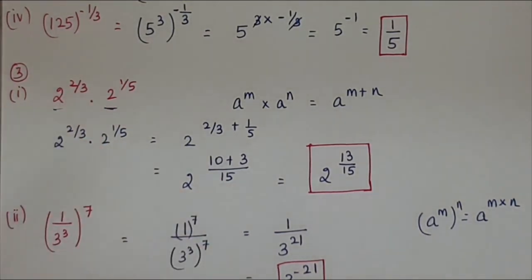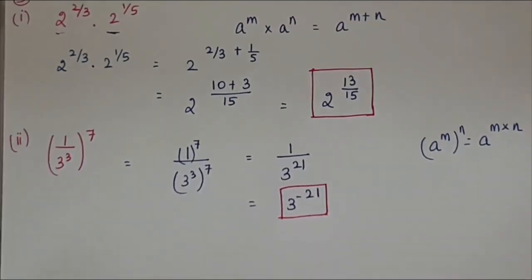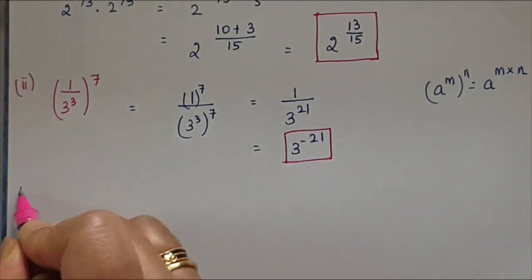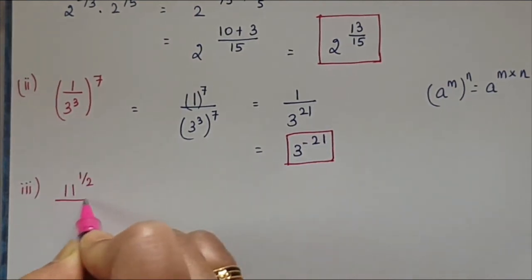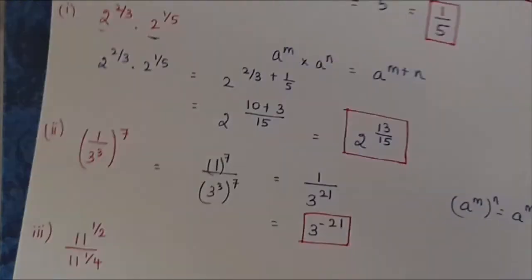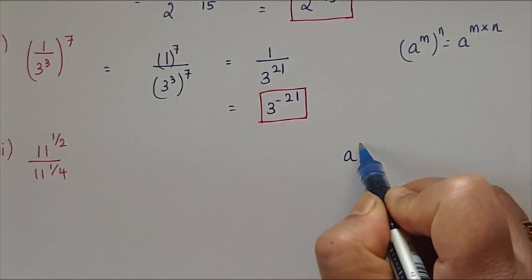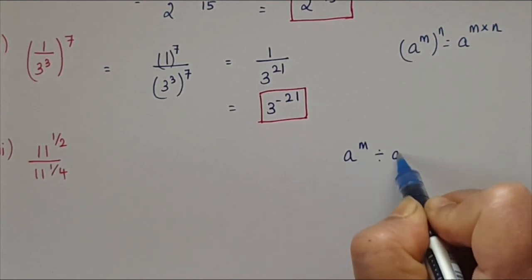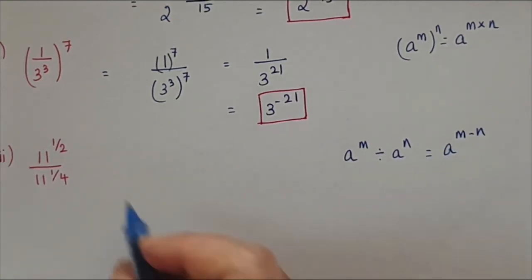Next, third part. 11 power 1 by 2 divided by 11 power 1 by 4. So here I can use the property a to the power of m divided by a to the power of n is equal to a to the power of m minus n.